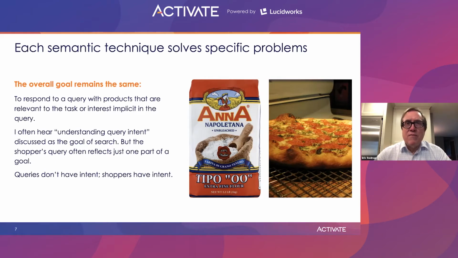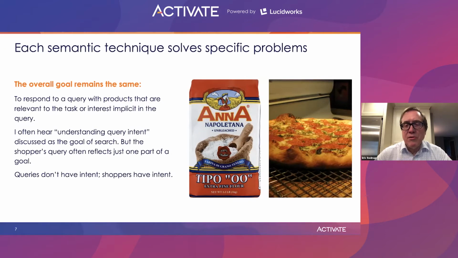I hear about query intent all the time. We have to understand query intent, and we'll do a better job with search. But I don't like that phrase, because I don't think queries have intent. Shoppers have intent. We need to use language that reminds us of that.